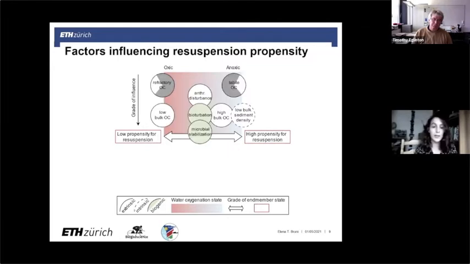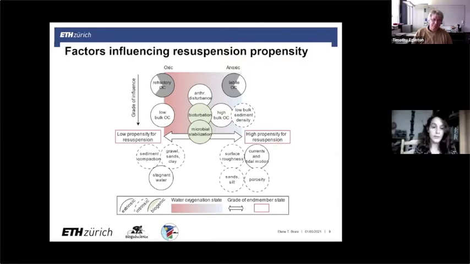So first, let's look at the factors which are dependent on oxygenation state. They are all somewhat connected to organic carbon concentrations. As we see here, with high bulk organic carbon, we expect the sediment to show a high propensity for resuspension.